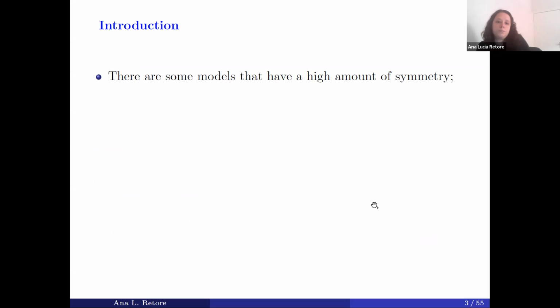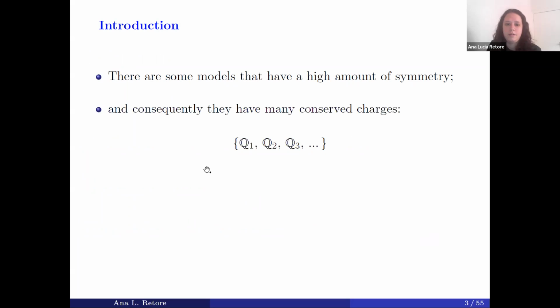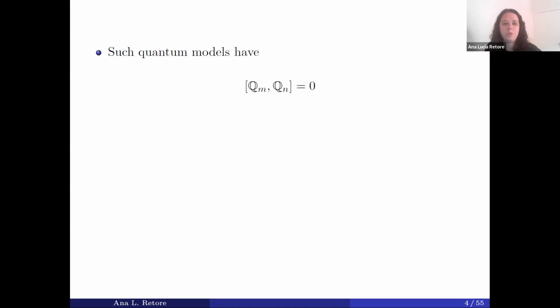There are these models that have a very high amount of symmetry, and as a consequence, they have many conserved charges. Usually we think about these things this way: we associate the first charge with momentum, the second with the Hamiltonian, and then you keep going. But you can have a huge amount of them, even an infinite amount, depending on what you're doing.